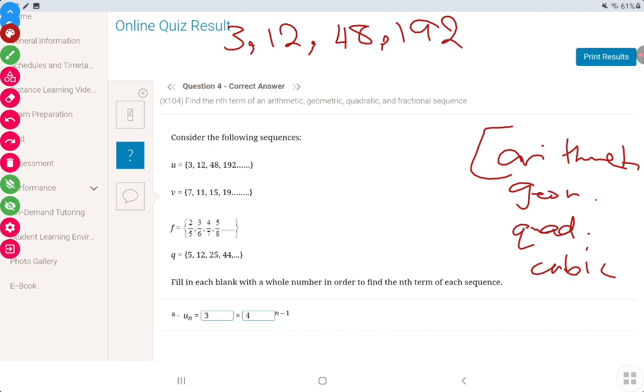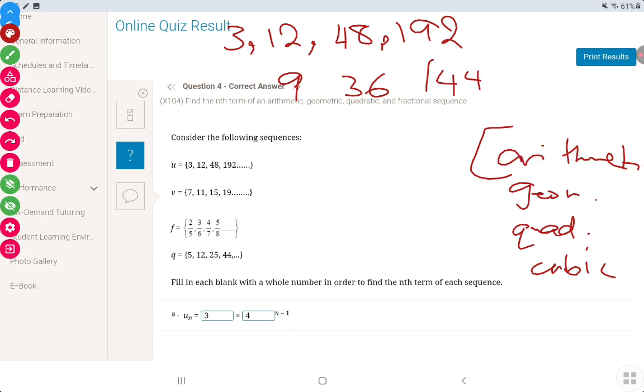To check, we just subtract each number by the one before. 12 minus 3 is 9. 48 minus 12 is 36. 192 minus 48 is 144. So we can see that this sequence is not arithmetic or linear.